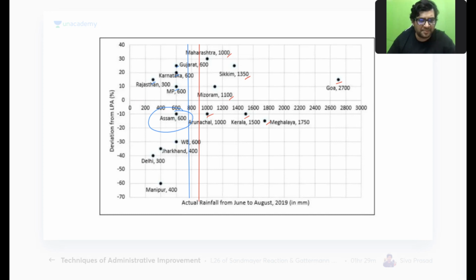So it should be below this line and negative and 600 or below. So anything which is inside this box is negative and 600 or below.